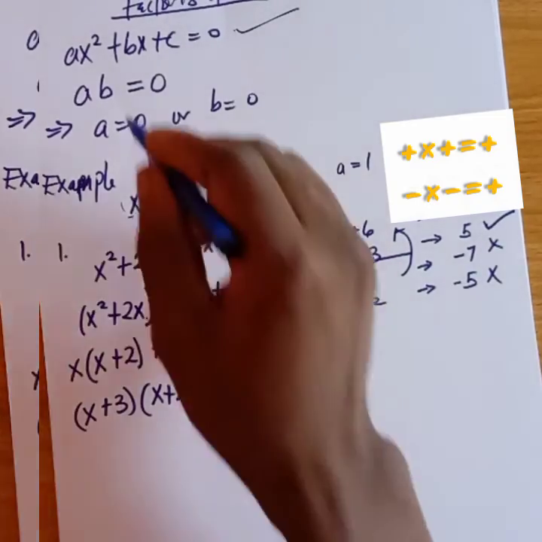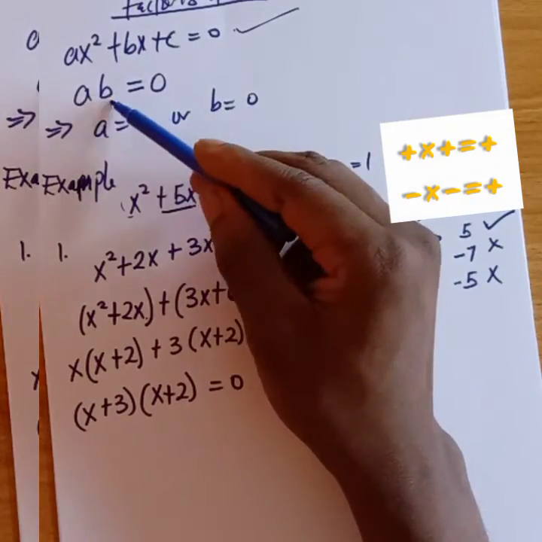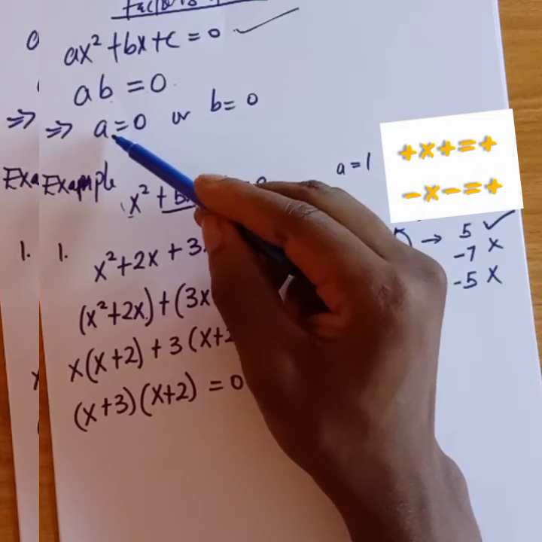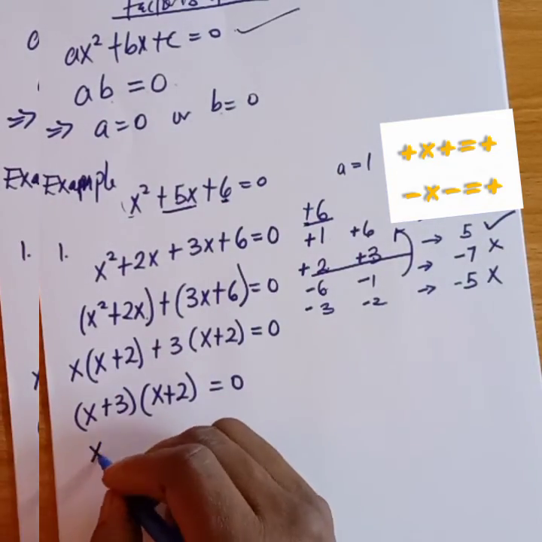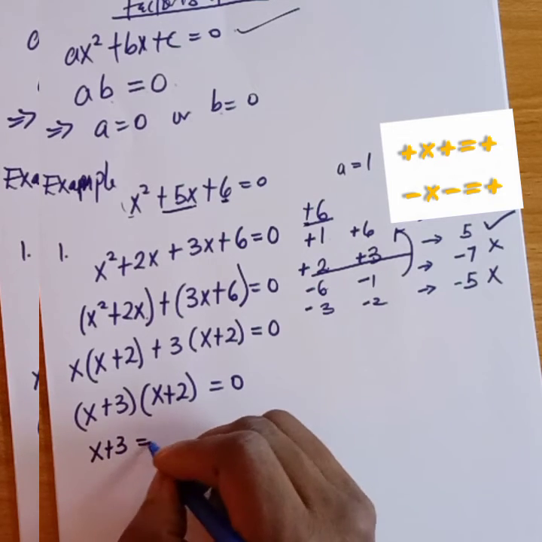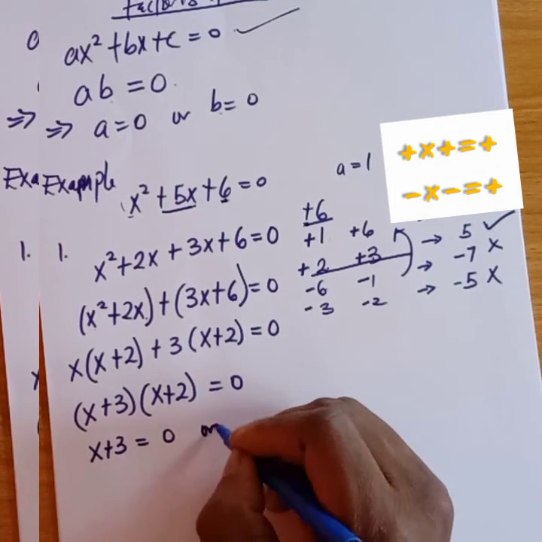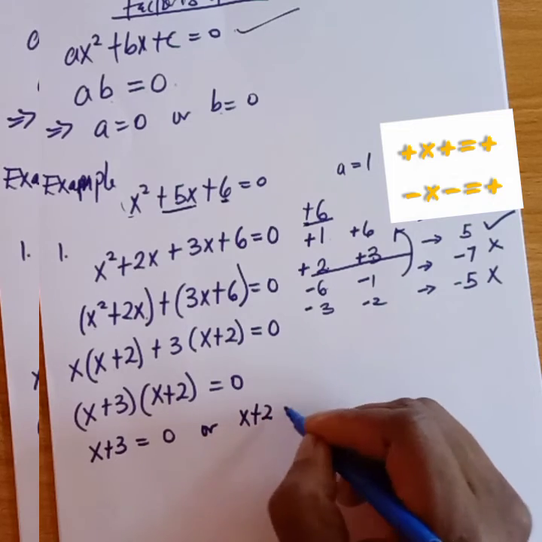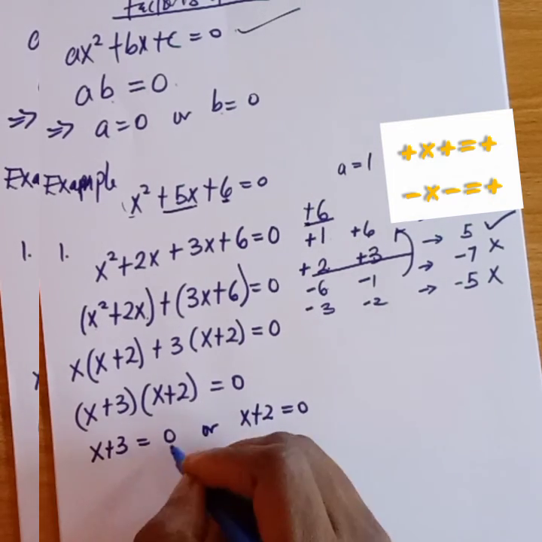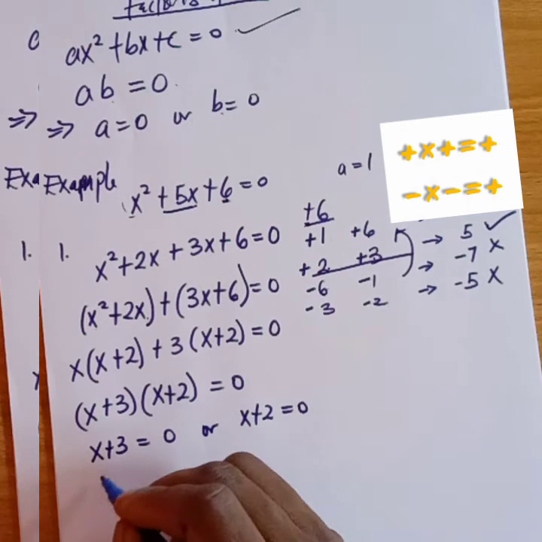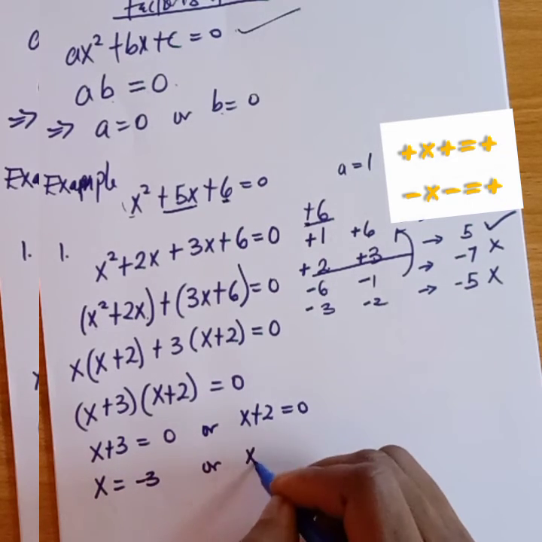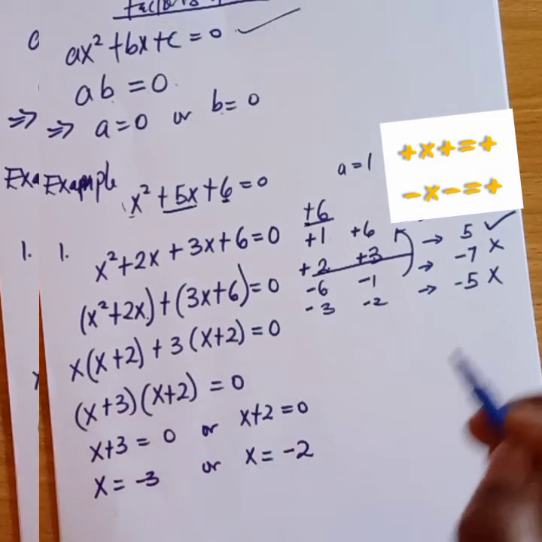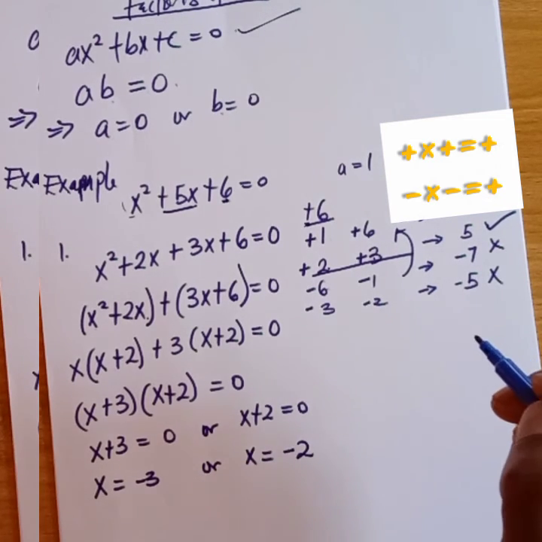Now remember, we said that if a times b is equal to 0, then that means a is equal to 0 or b is equal to 0. Then we can now say x plus 3 is equal to 0, or x plus 2 equals 0. It's either this is equal to 0 or this is equal to 0. So solving this, x will be equal to minus 3, or x is equal to what? Minus 2. And that solves the equation.